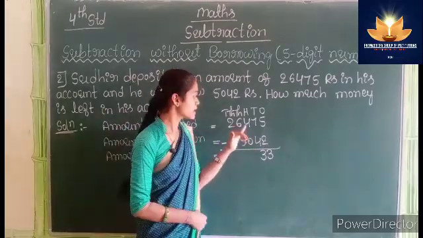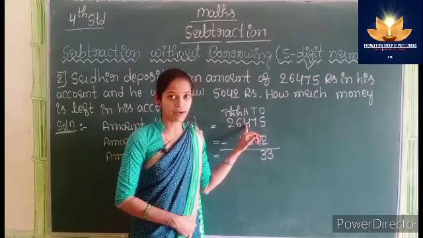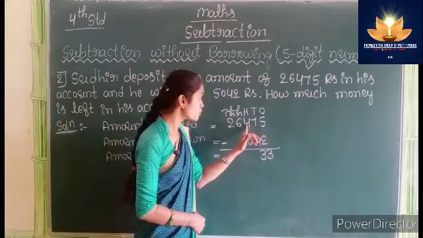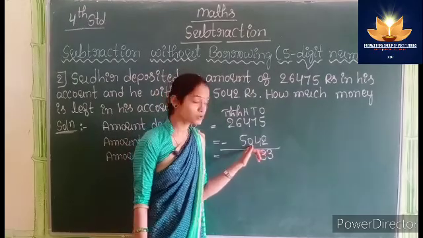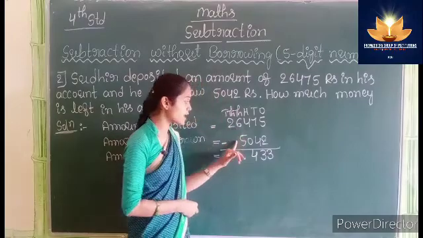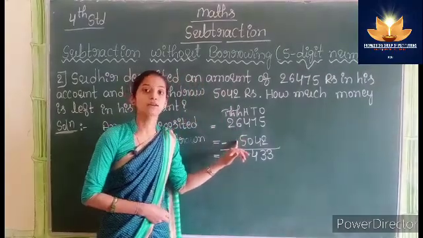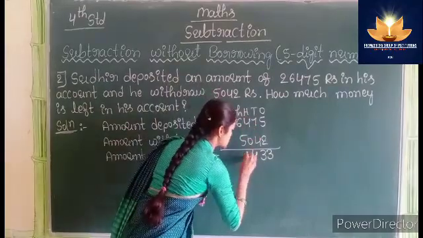When we subtract a 0 from a number, the difference is the number itself, right? So 4 minus 0, that is 4, and that 4 should be written in this hundreds place. Then 6 minus 5, that is 1, and that 1 should be written in this thousands place.